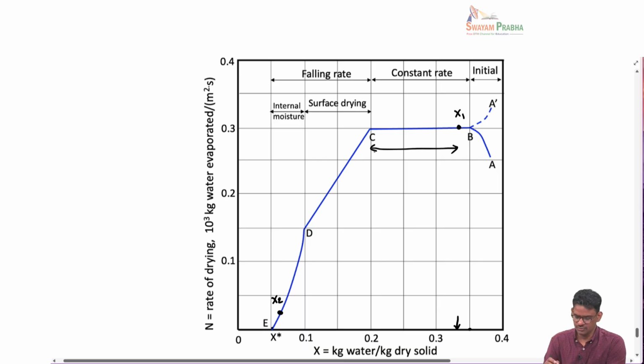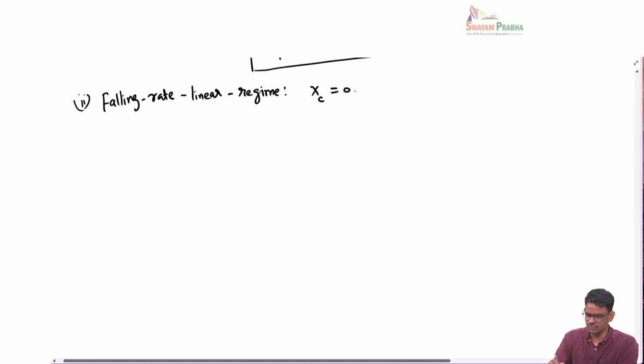The next is to find the time taken for drying from xc to point D, which corresponds to point 1. So the second region is falling rate, a linear regime, from xc, point 2, to xd, which is point 1.